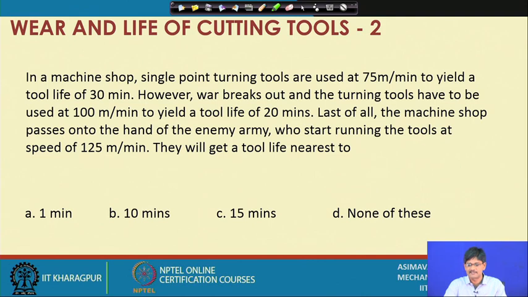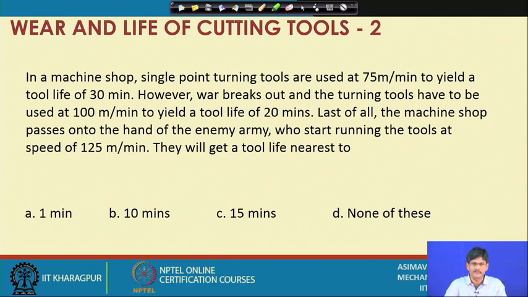First data, we get a pair of values of velocity and tool life, 75 meters per minute and 30 minutes. So, war accelerates a number of activities. You need more spares maybe for different war related equipment, and for that you have to get them fast. So, you do not really care about economy and meaningful tool lives, and therefore, maybe due to some government applied command, they have to be operated at 100 meters per minute.